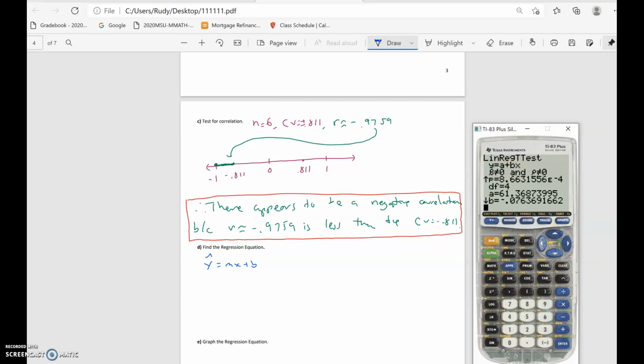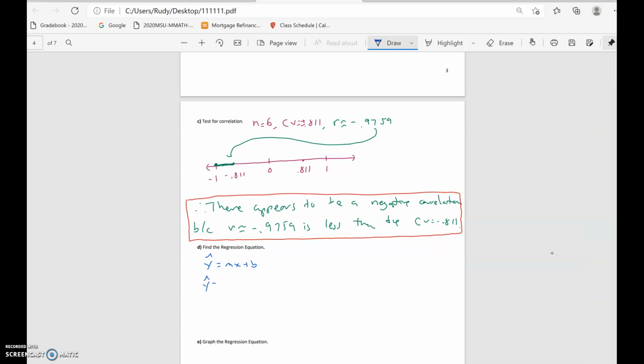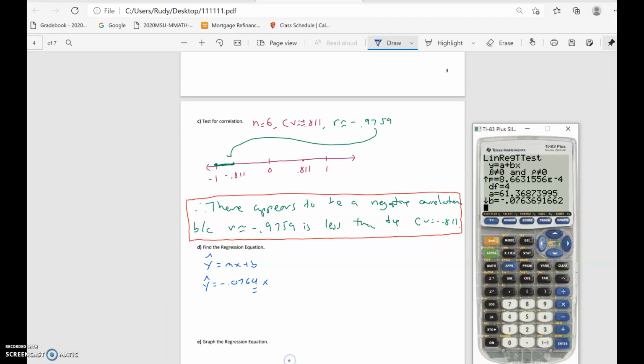So b is negative 0.0764. So y hat is equal to negative 0.0764x. So your slope here is b, negative 0.0764.